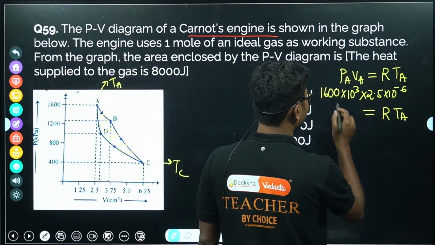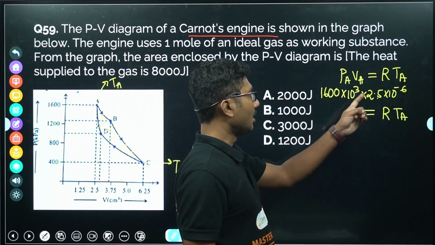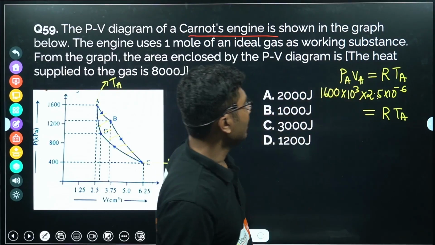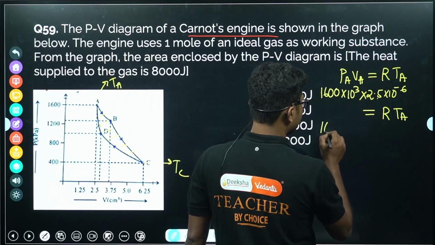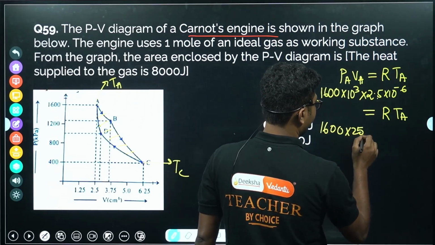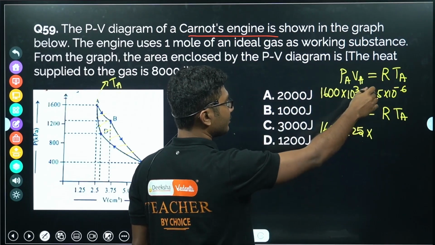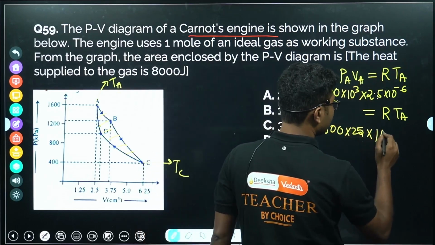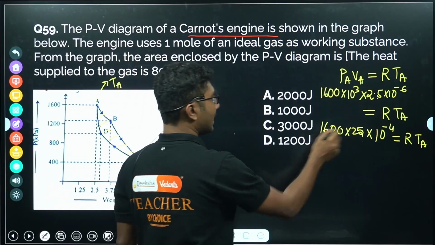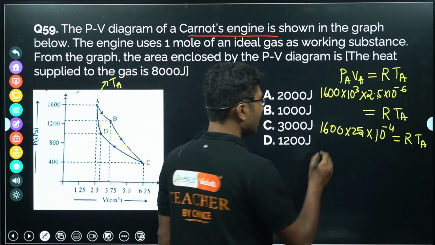Now, if you simplify this, you will get 2.5 times 1600. 2.5 means 25 by 10. So we can multiply 1600 times 25, times 10 to the power of minus 7. I took that 25 out, so minus 7 plus 3 gives 10 to the power of minus 4, equals RTA. Now, 25 into 16 means 400.